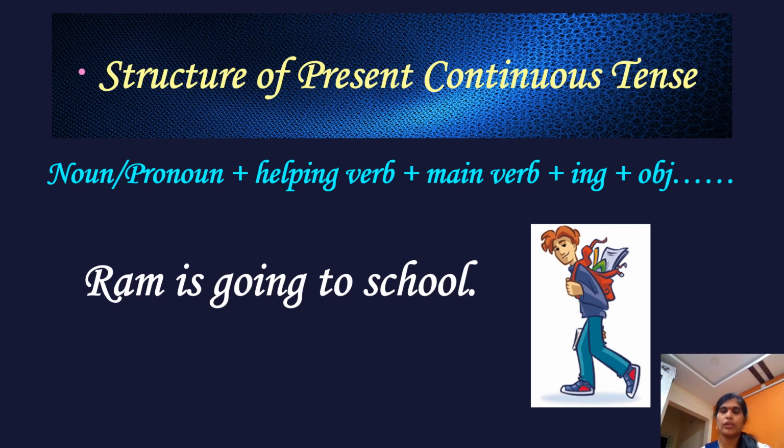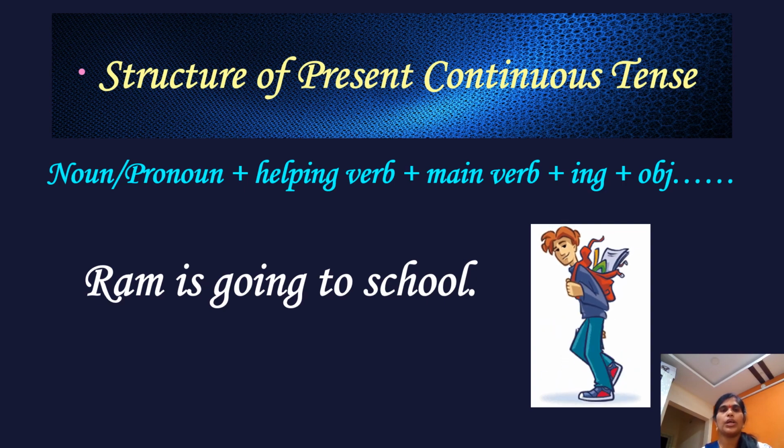Here we are with the structure of framing present continuous tense sentences. Let us see that. Noun or pronoun plus helping verb plus main verb plus ing and object. For example, Ram is going to school.